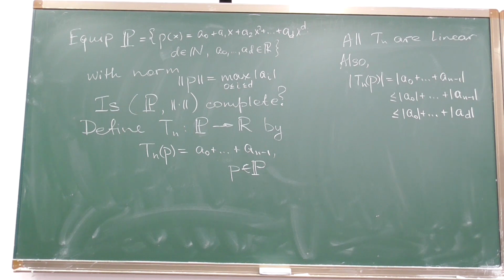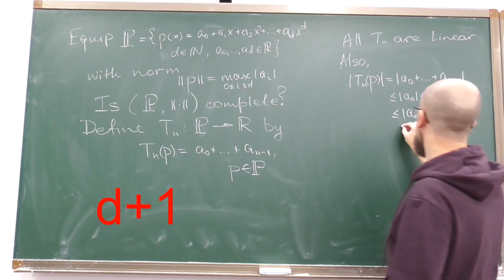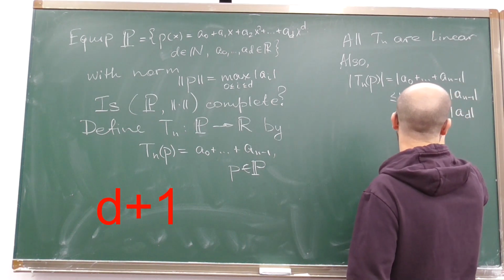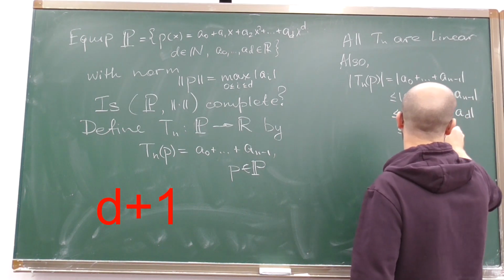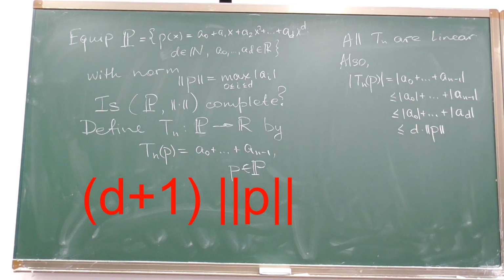And the norm of a polynomial is the maximum of all these, and there are d of them. So I can estimate it by d times the norm of p, which tells us that any Tn is a bounded linear operator.